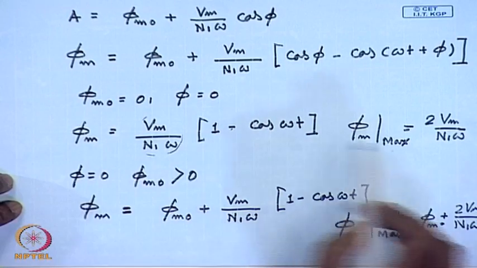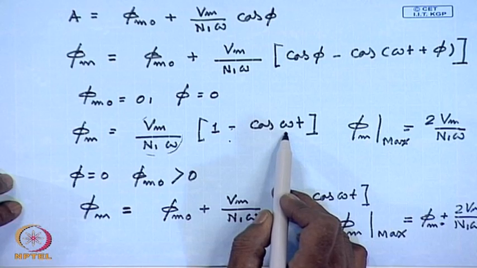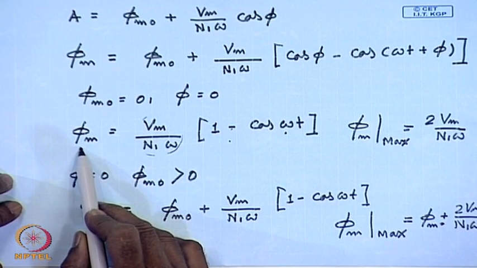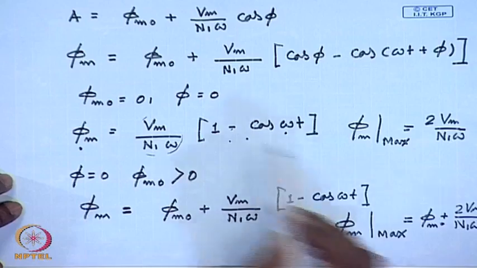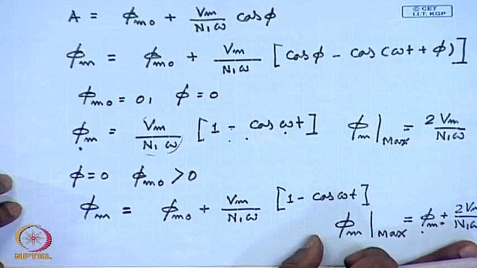In this case, please note that at omega t equal to 0, the value of phi m is 0. In fact, phi m never becomes negative in a cycle. So, the flux in this case is completely positive even in this case.